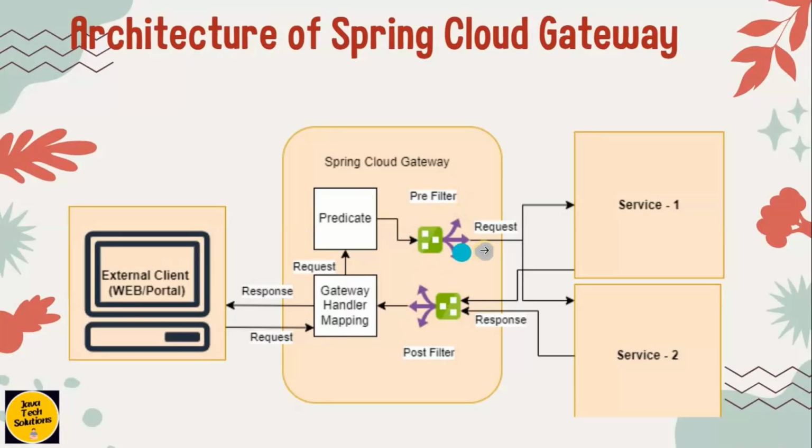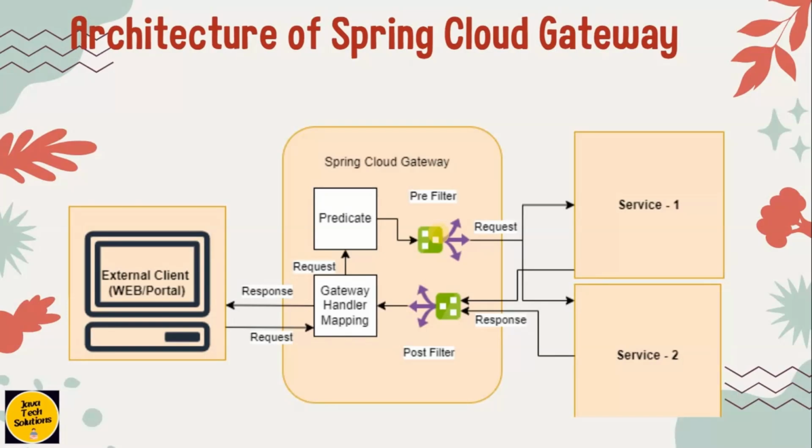Based on the URL, it decides which service will be called, service one or service two. The pre-filter is applied before sending the request to the microservice; if we want to filter the request or apply some logic, we can apply it in the pre-filter logic.